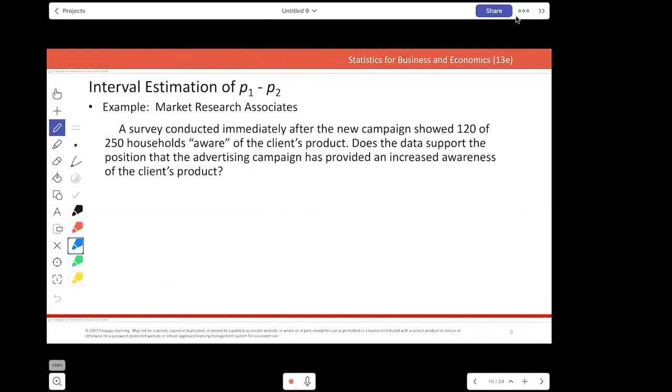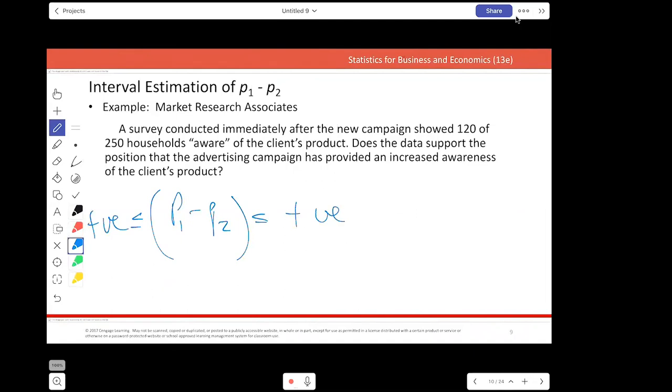So in that case, if this is the proportion before and the proportion after, we would like to make sure that the difference between those two is positive. Because we're going to get a confidence interval for P1 minus P2, it means both limits must be positive. Why?